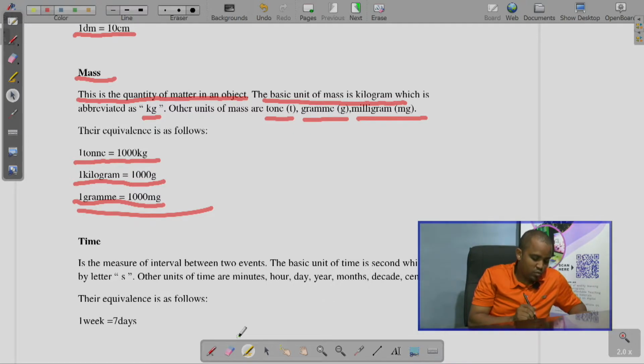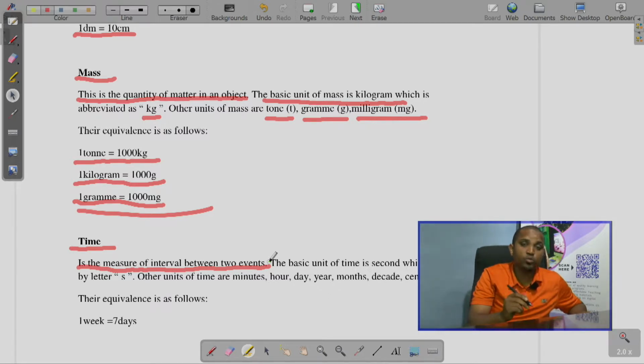So let's move to another basic fundamental quantity, which is time. So what is time? Time is a measure of interval between 2 events.